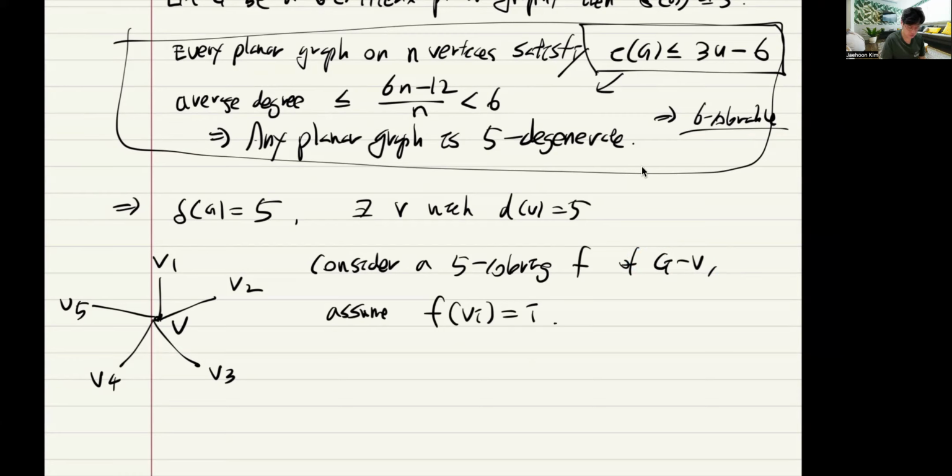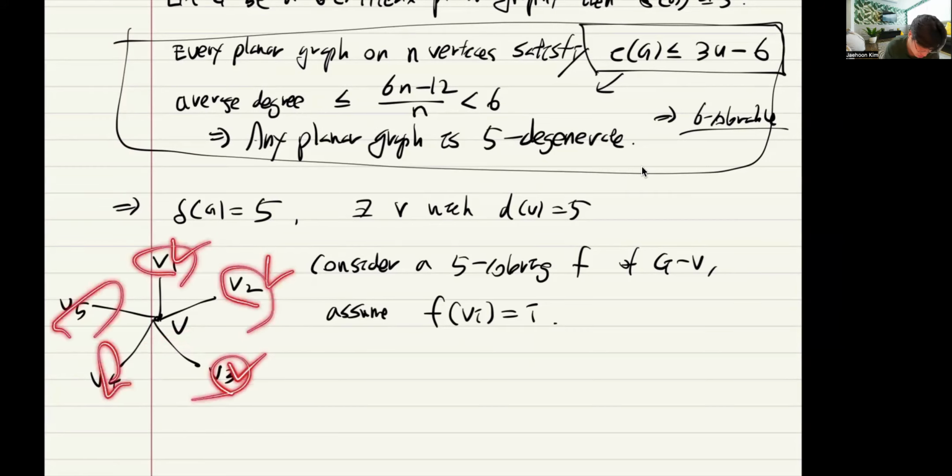In this coloring, everything is colored except v, and all 5 colors must appear on the neighborhood of v. If only 4 colors appear, then we use the remaining color to color v, which completes the 5-coloring of the entire graph G, a contradiction as we assume that G is 6-critical. So all 5 colors appear here. By changing the names of the colors, we assume that the neighbors have colors 1, 2, 3, 4, 5.